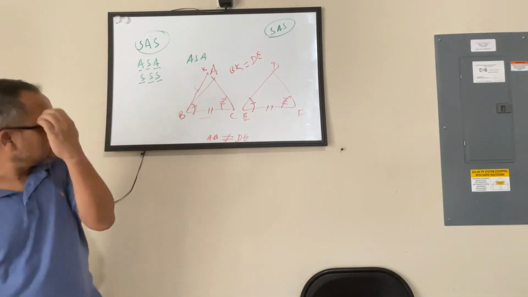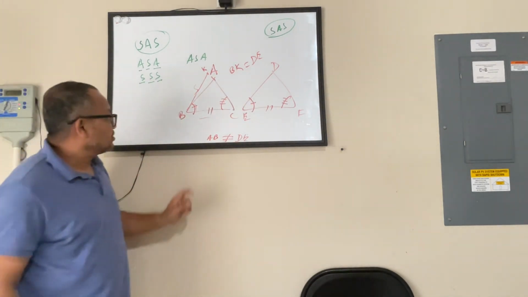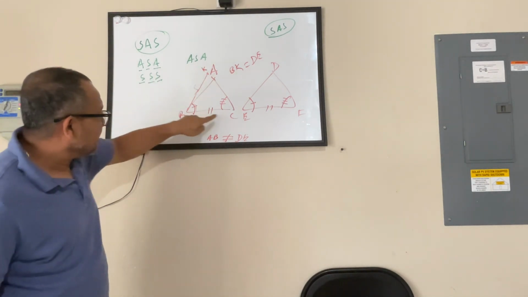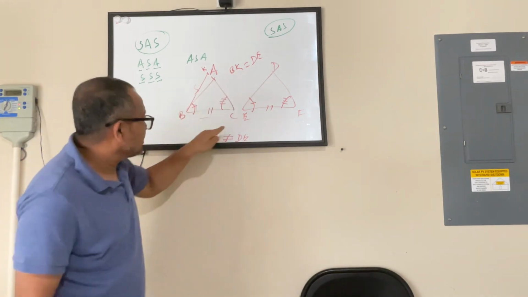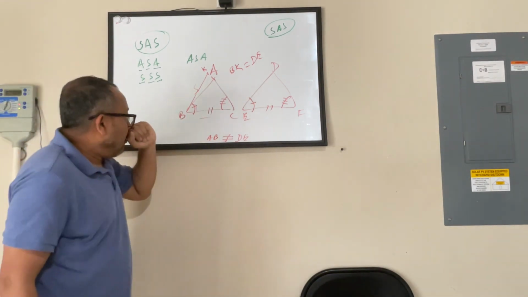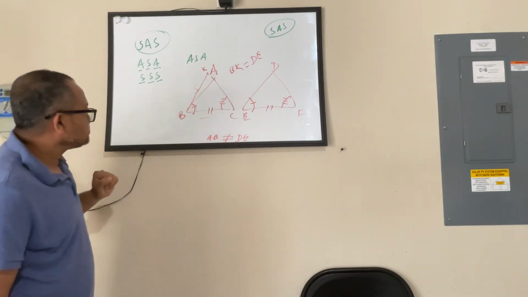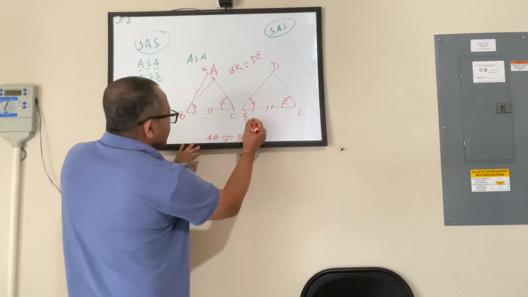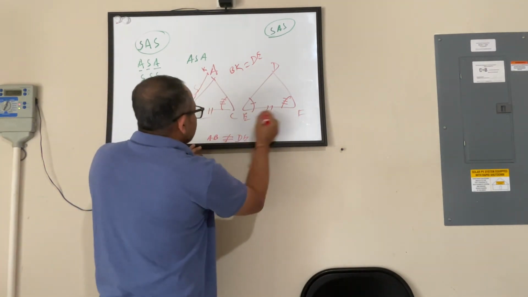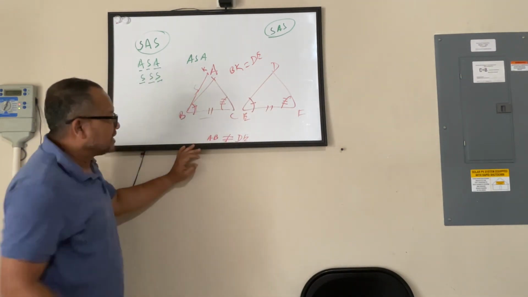So here now BK and DE are equal. This side and this side are anyways equal.